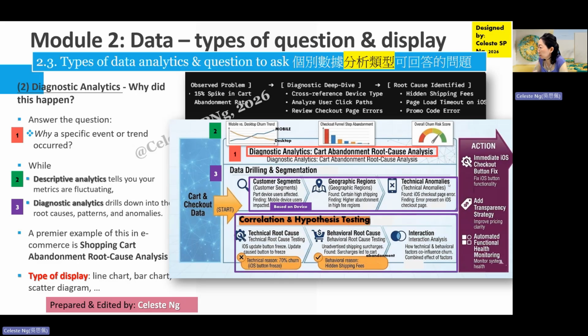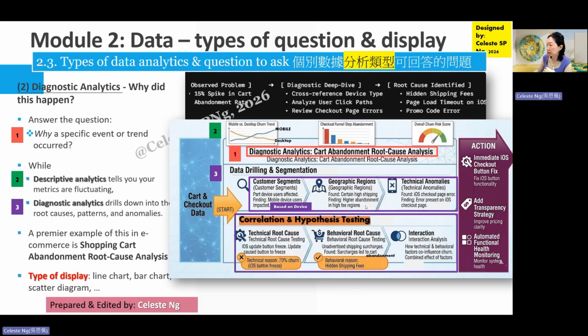So here, the technical abnormality found is the iOS checkout page error. What is found is that an error is present on the iOS checkout page. So from this stage of data drilling, we find out this abnormality or anomaly.